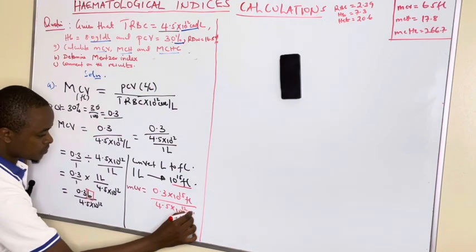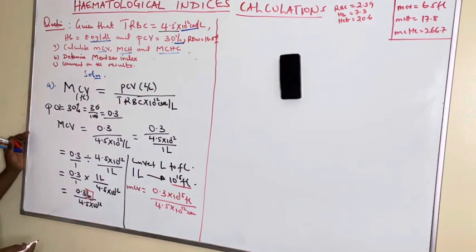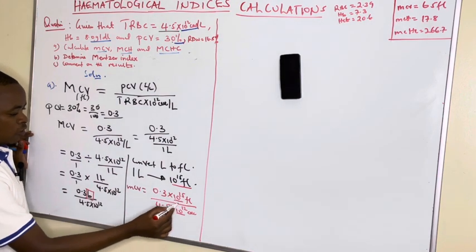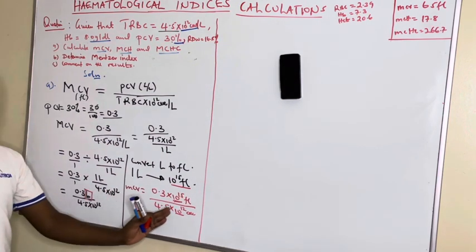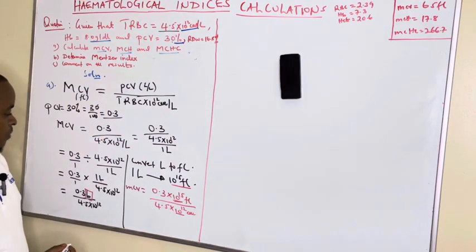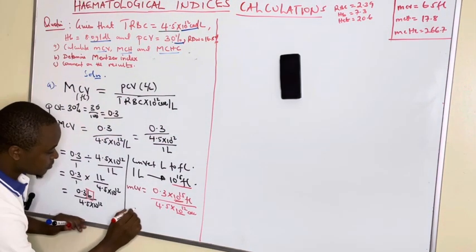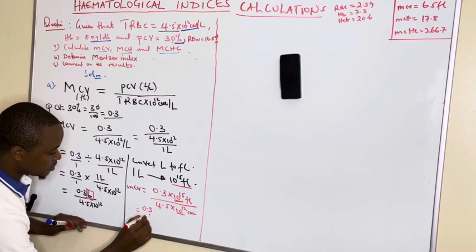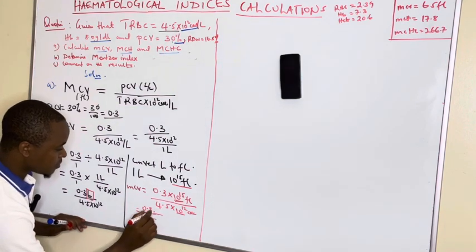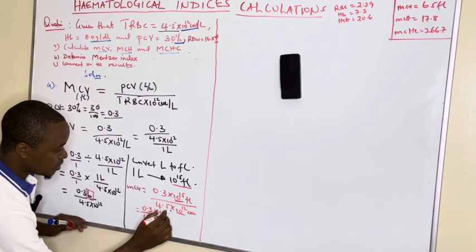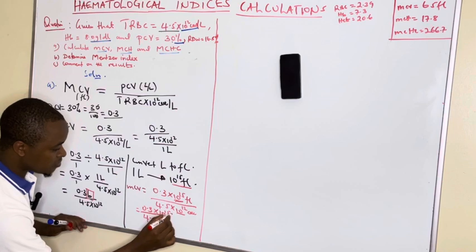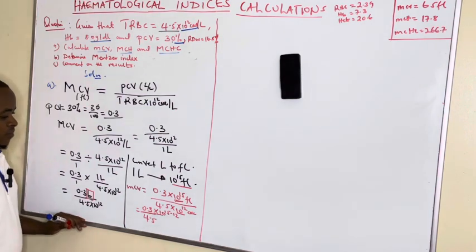cells. So in the long run, according to the rules of indices, whenever you are dividing and the bases are the same, you subtract the powers. So we get 0.3 divided by 4.5, then times 10, and since they have the same base, we subtract the powers: 15 minus 12.